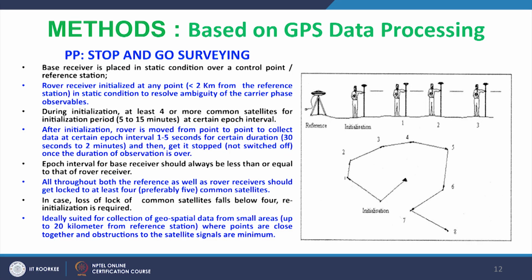If during the observation there is any loss of lock, meaning fewer than 4 common satellites are coming, then we have to re-initialize the process. This method of surveying is used when we need to capture data from point objects which occur repeatedly in the area of survey.